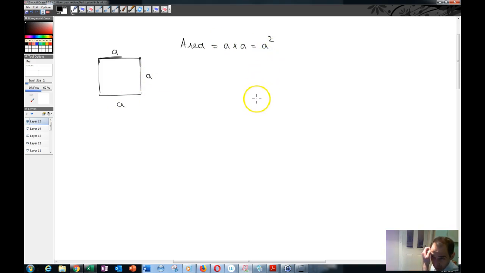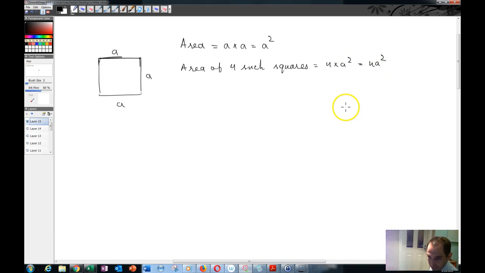Okay, and so for example, the area of 4 such squares is going to be 4 times A squared, which is equal to 4A squared. Excuse me. Okay, so basically in the previous example, the algebraic expression was in the form 4A.